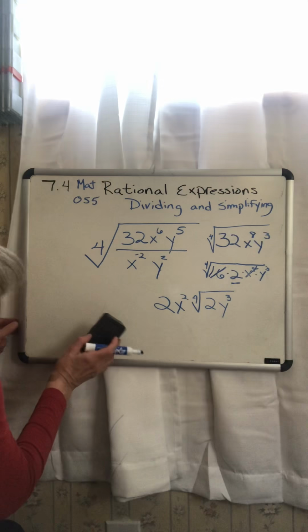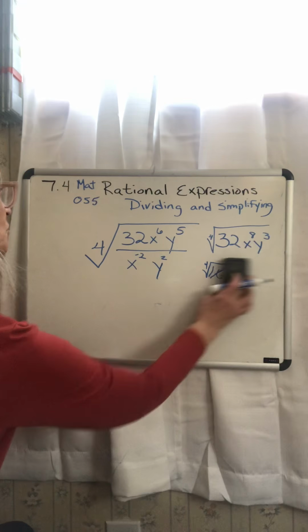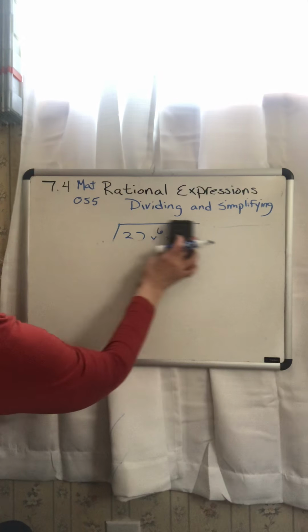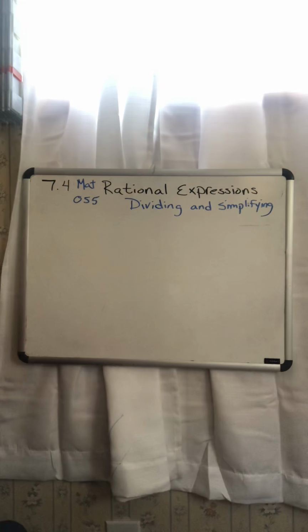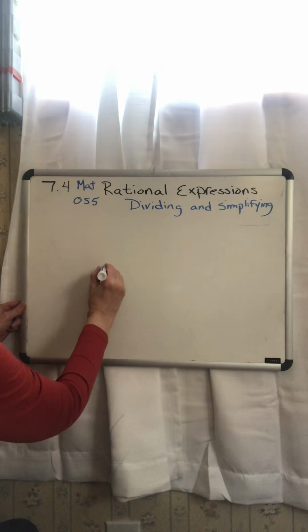All right, the next ones are the radicals. And I really doubt that you're going to have too much trouble with 1 or 2 or 3. 4 might give you a little bit of trouble, but let's look at number 5 together, because that's probably the hardest one.